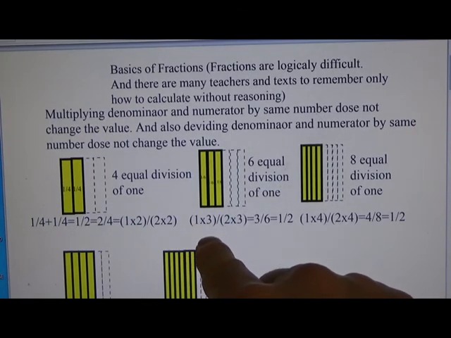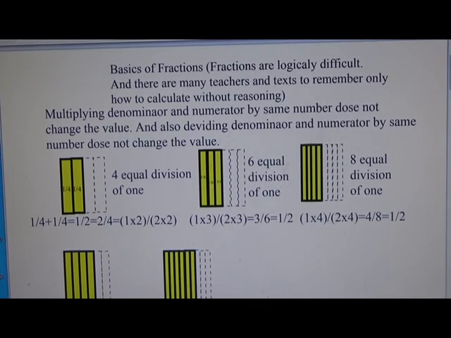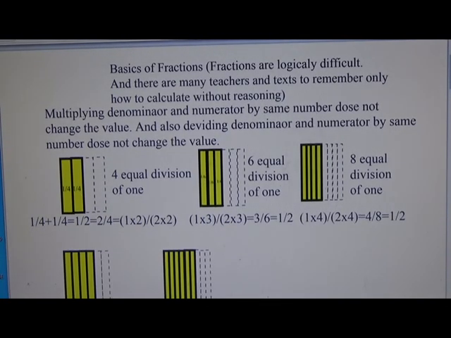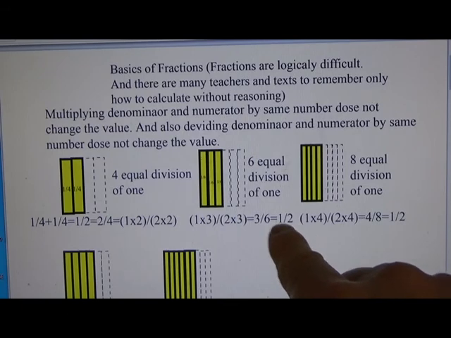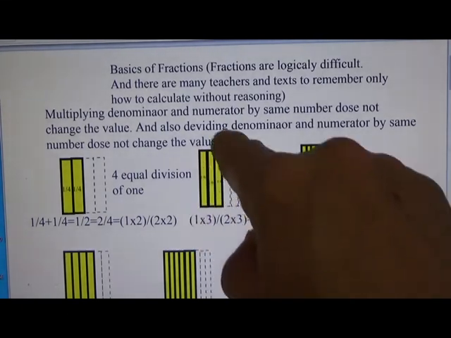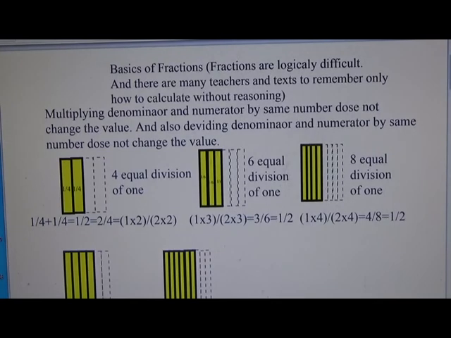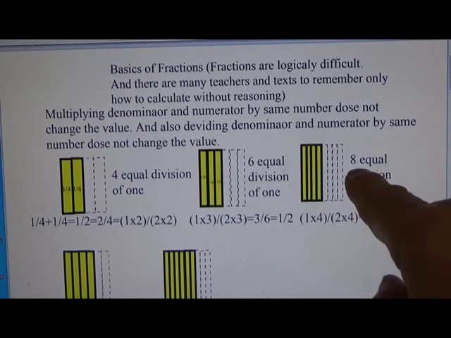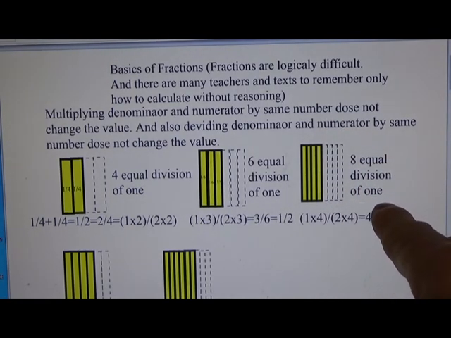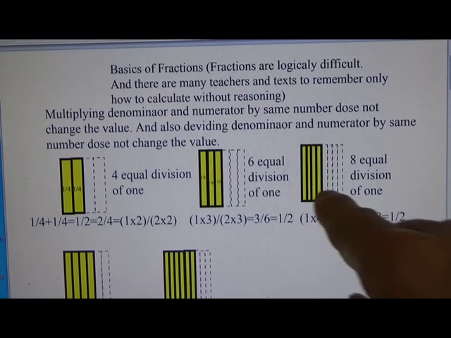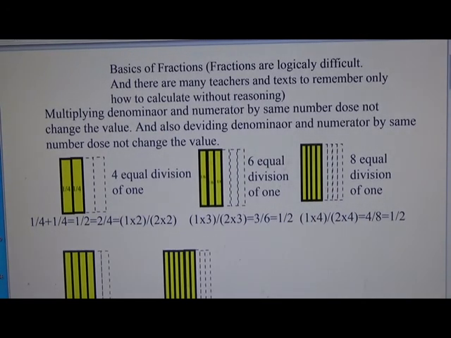That is 1 multiplied by 3 divided by 2 multiplied by 3, which is 3/6, and that is 1/2. The whole yellow part is 1/2. And let's divide quantity 1 into 8 equal divisions. A single yellow part is 1/8.